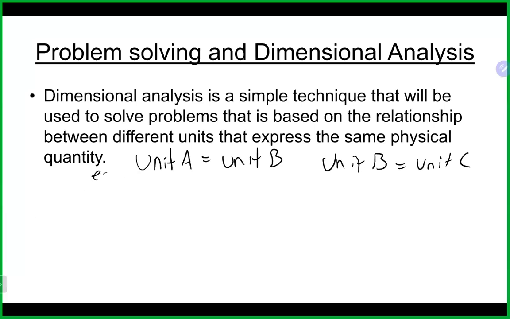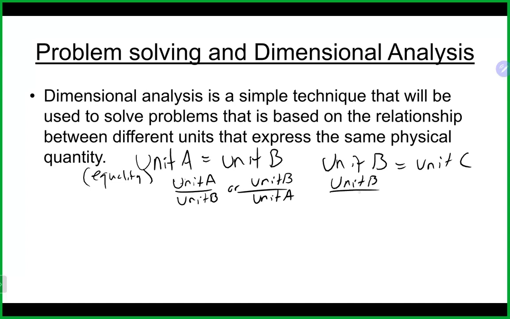So these are all equalities. And again, we could get two conversion factors for each of these things. We could say unit A over unit B, or unit B over unit A. Over here, unit B over unit C, or unit C over unit B.